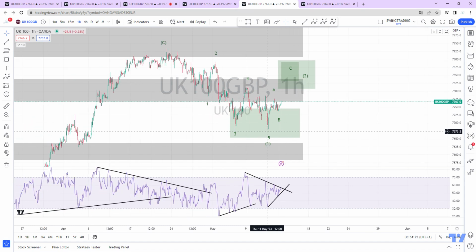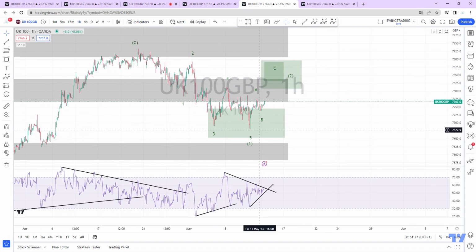From now, like today, tomorrow, we could see some upside in the form of a wave two. It looks like this downward RSI trend line is about to break, and we are forming an upward RSI trend line, which is an indication for me that we are starting an upward cycle.